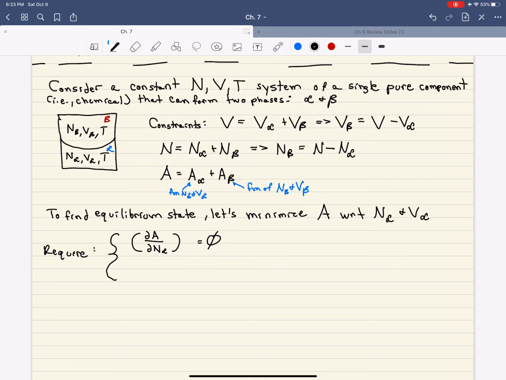Okay, and so here, to find the minimum of the Helmholtz energy with respect to N alpha and V alpha, we're going to take its partial derivative with respect to those variables. And so we take the partial derivative of A with respect to N alpha at constant V alpha, and then also constant N, total V, and T. We'll do the same thing with V alpha.